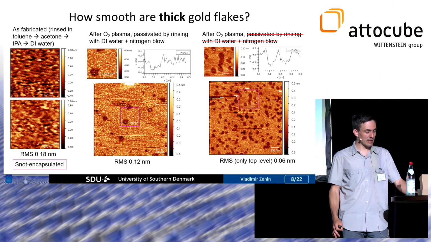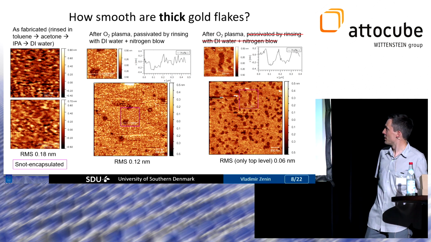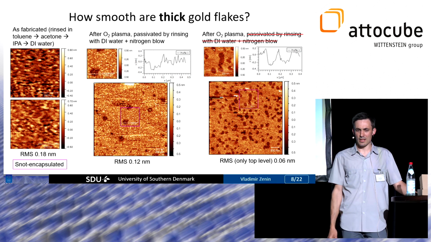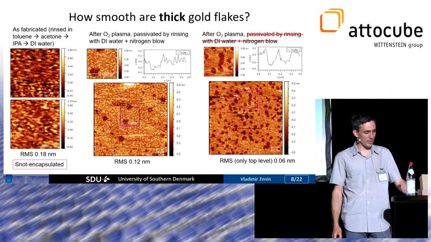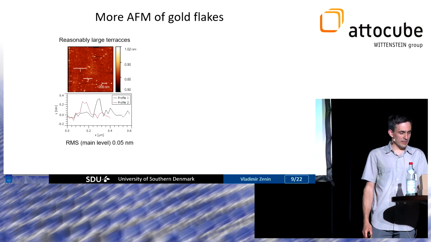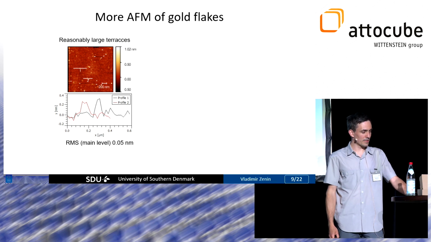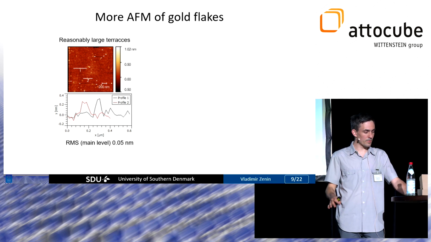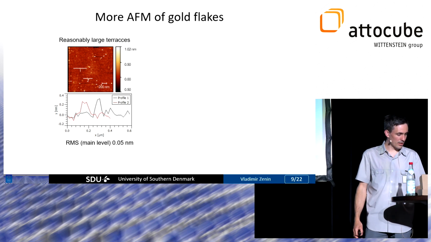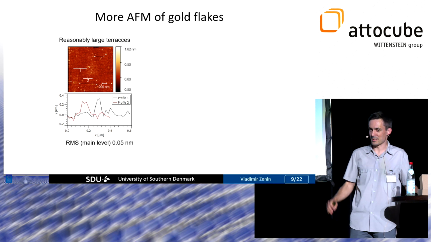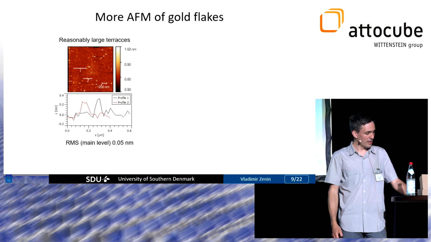And if you mask only the top level, the roughness would be only 0.06 nanometers. That is about the IFM noise level in the NeoSpec system. Then, it's a little bit random, but sometimes one can get reasonably large terraces without atomic steps. The scale bar is not really huge, but the size is a couple of microns.